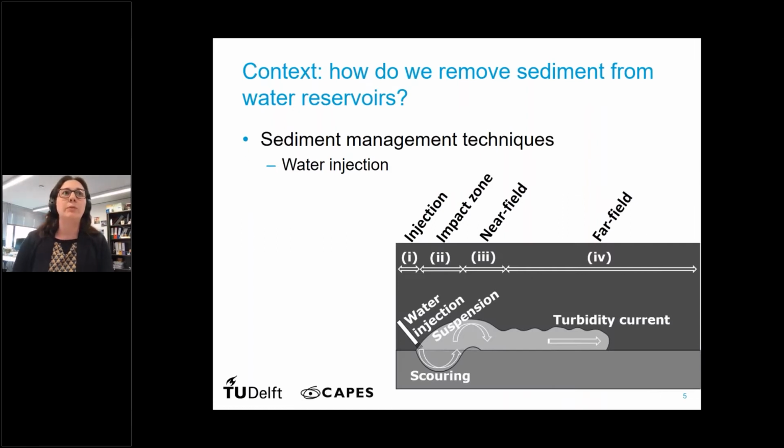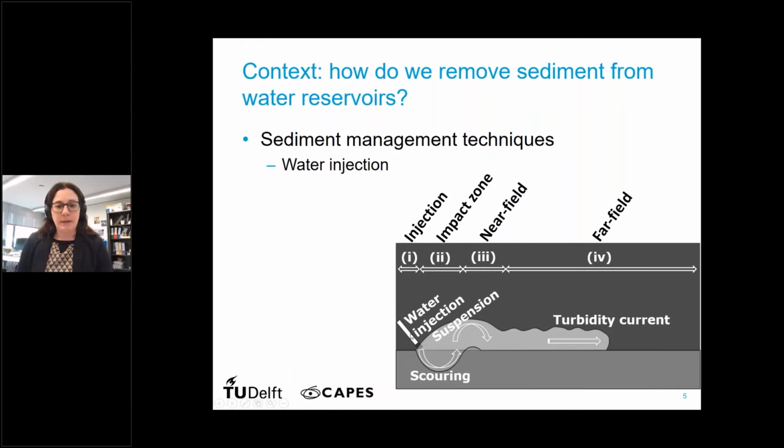So to deal with sediment trapping in water reservoirs, sediment management strategies are applied. And there are a series of sediment management techniques that can be applied in these strategies. I will be talking specifically about water injection, which is a type of hydrodynamic dredging. In this picture, you can see the main processes involved in the application of this technique.